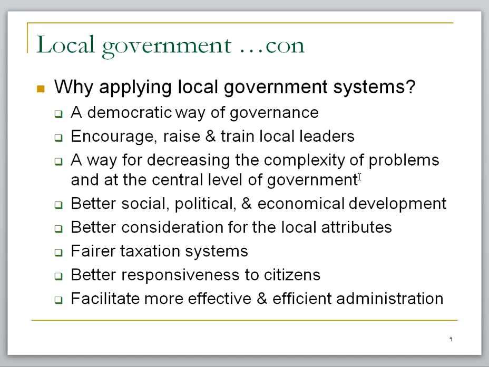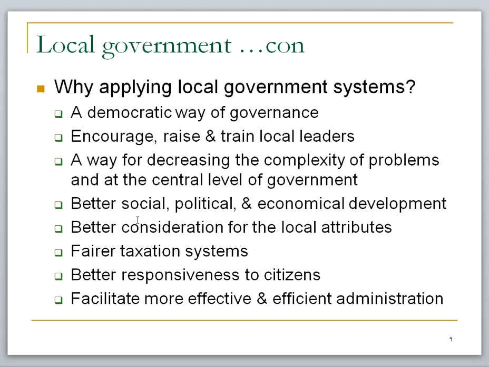Why not decomposing يعني تفتت the problem to different governorates, different cities, not to be moved up to the central level of the government.